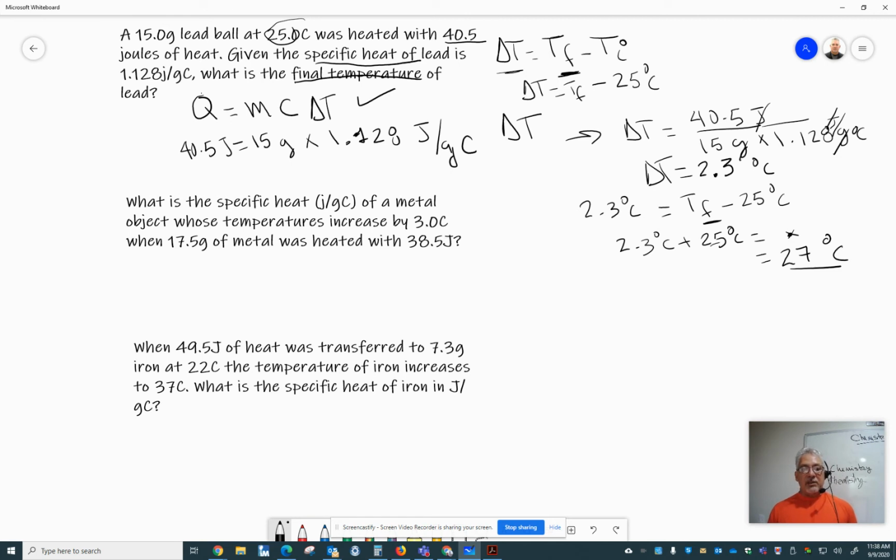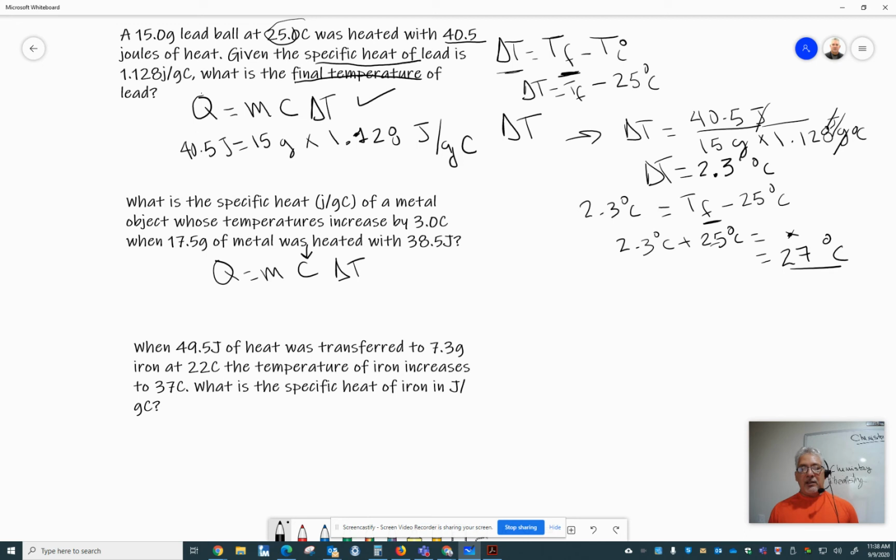The next one: what is the specific heat of a metal object whose temperature increased from 3 when 17.5 grams of the metal was heated? Again, it's the same formula: Q equals mass, heat capacity, delta T. And they're asking you now to find the specific heat capacity.